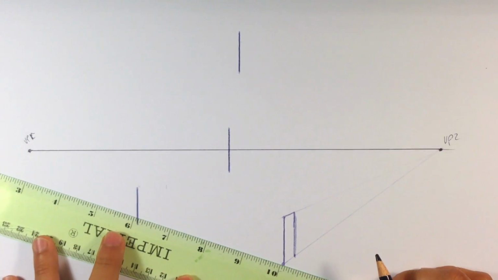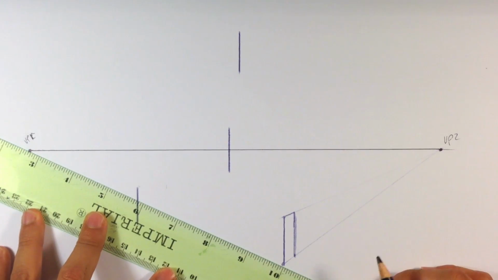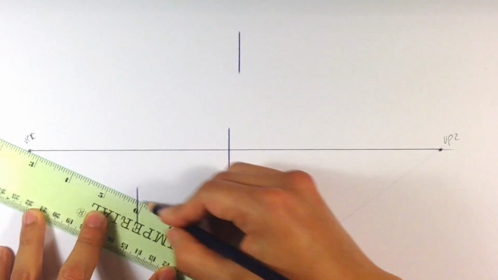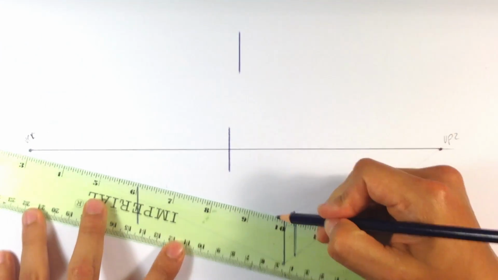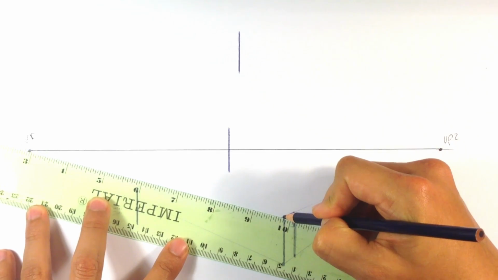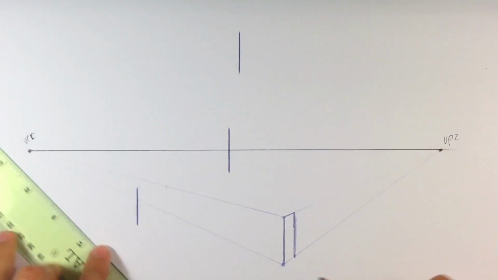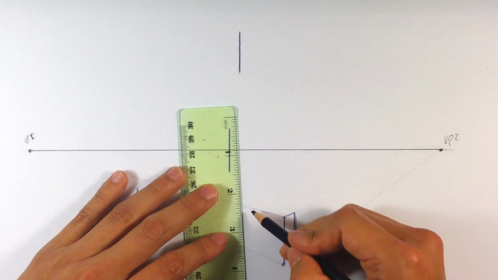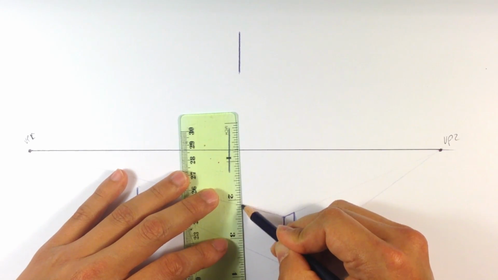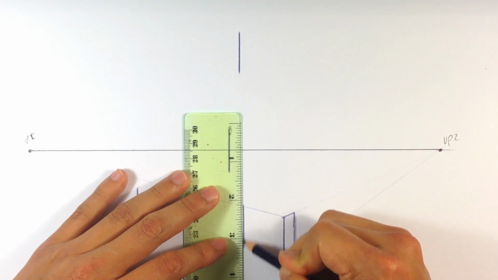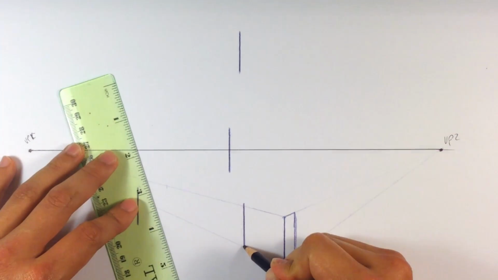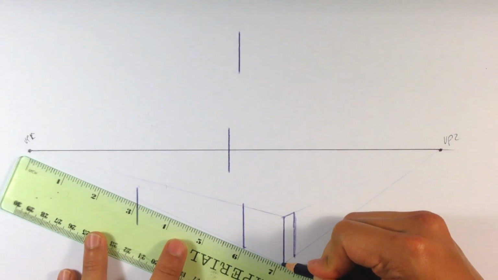That's the other point. And remember, 2 sets of lines going away from us. Doing those lightly, and then I'm just going to pick it arbitrarily. Let's just make this like a book, right? Remember, horizontal is always the same. I'm picking a random point here.